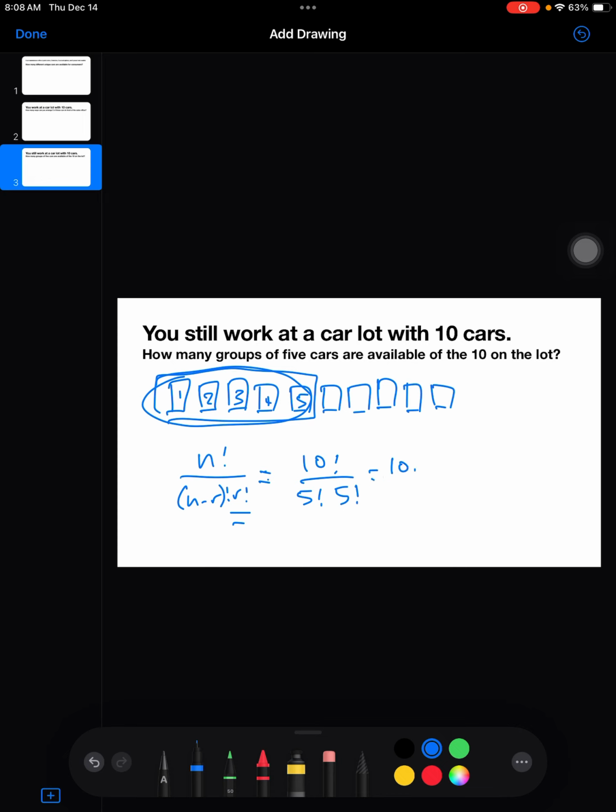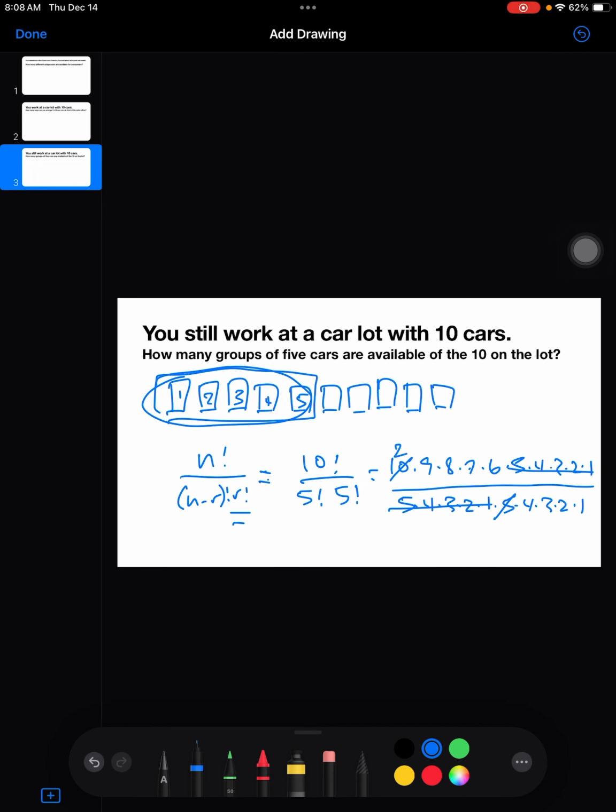So we could again do the expansion here, 10 times 9 times 8 times 7 times 6 times 5 times 4 times 3 times 2 times 1, all over 5 times 4 times 3 times 2 times 1 times 5 times 4 times 3 times 2 times 1. And then these are going to cross out there.